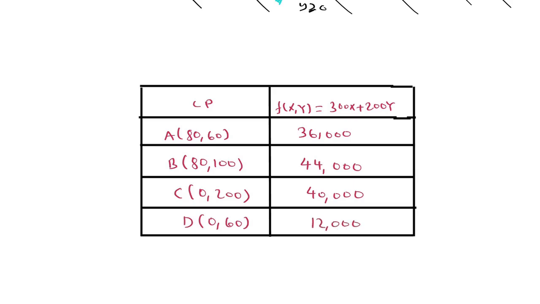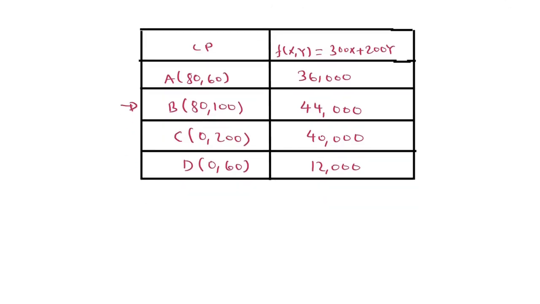Now from the table, we can see that point B gives the maximum value. Therefore, we can conclude that she has to produce 80 garments of batiki and 100 garments of kitenge to maximize the income.